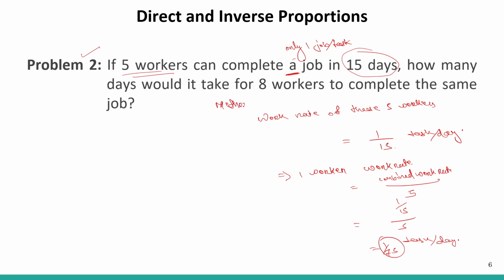This is method 1, the traditional method. We'll also solve it by the work time method. So let's go forward. 8 workers would complete 8 into 1 by 75, that is 8 by 75 tasks per day.